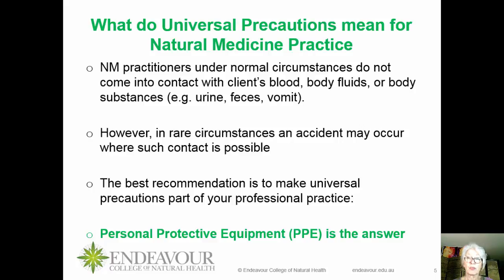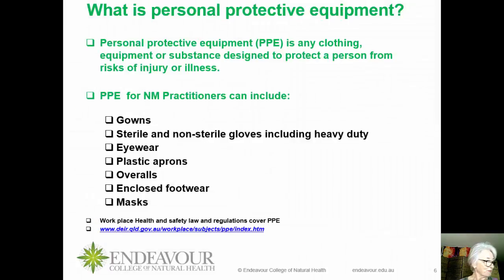The answer to this is what's known as PPE, which is personal protective equipment. Just exactly what is it? It's any clothing, equipment, or substance designed to protect a person from risks of injury or illness. For natural medicine practitioners, it can include gowns, sterile and non-sterile gloves, including heavy-duty gloves.